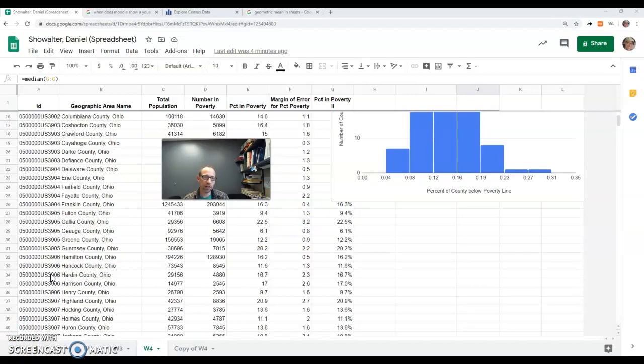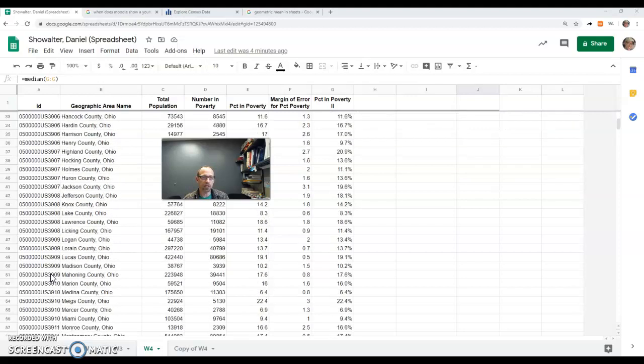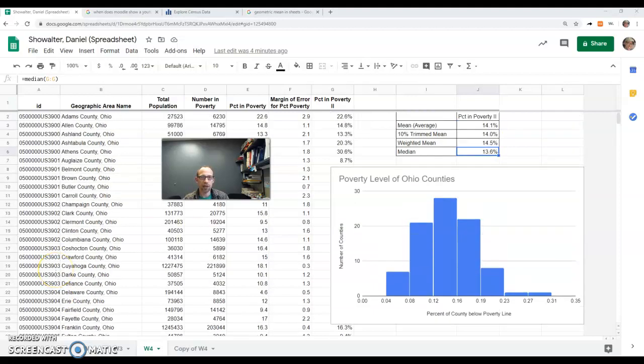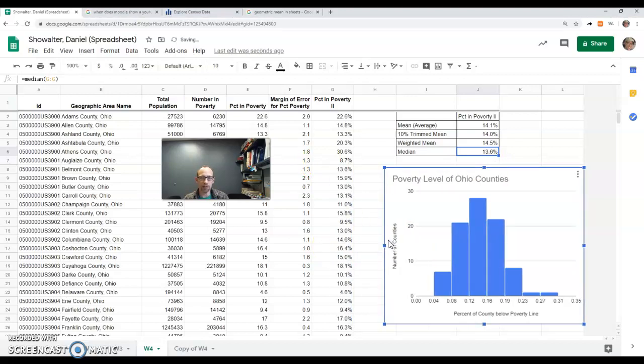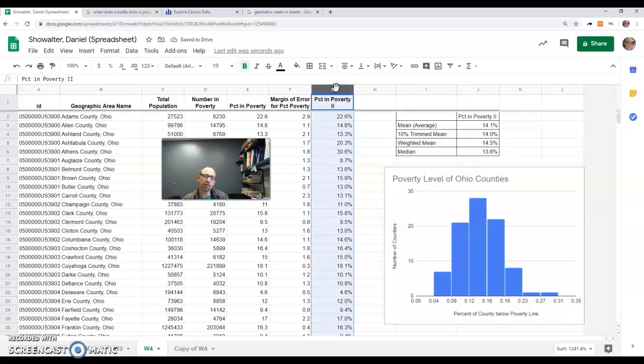Now, one final thing I'm going to have you do is a conditional formatting. So I'm going to get rid of that a little bit there. Conditional formatting on percent of poverty, or whatever your calculated column is.